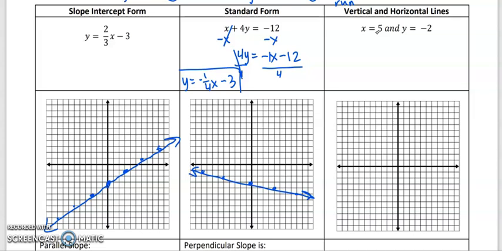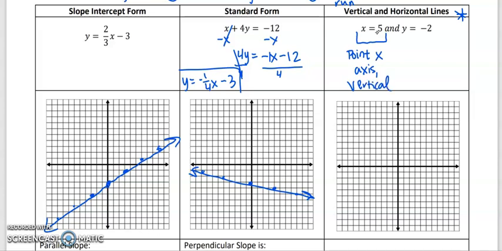For the most part, I think y'all are fine with that, but when it comes to vertical and horizontal lines, I think this is where we might get tripped up. So real quick, if it is an x equals equation, that means the point goes on the x-axis, and it is a vertical line.